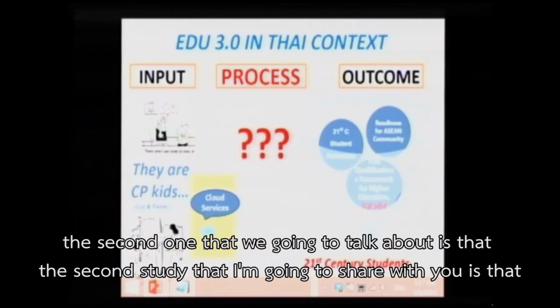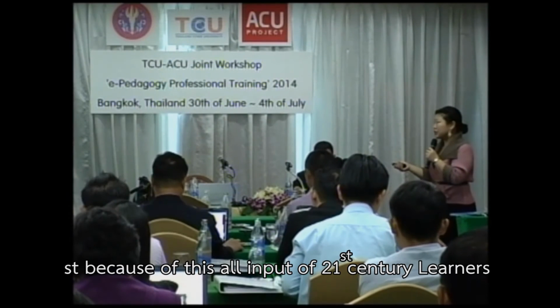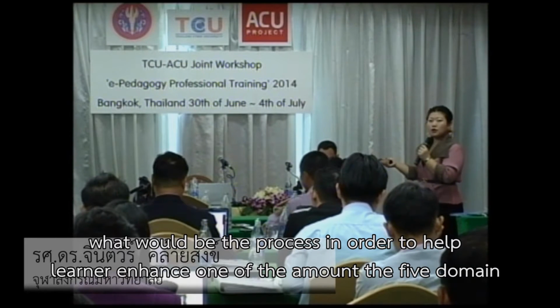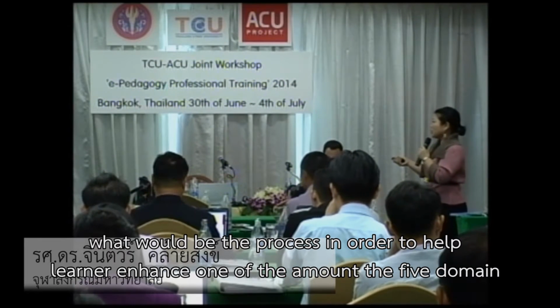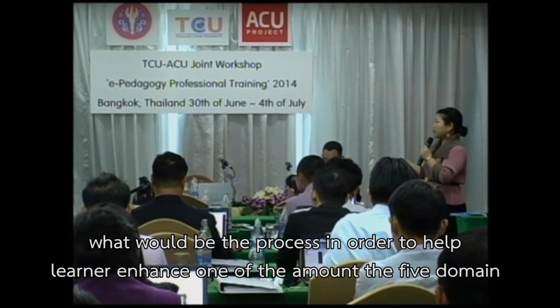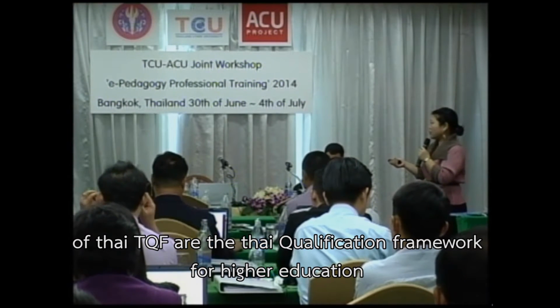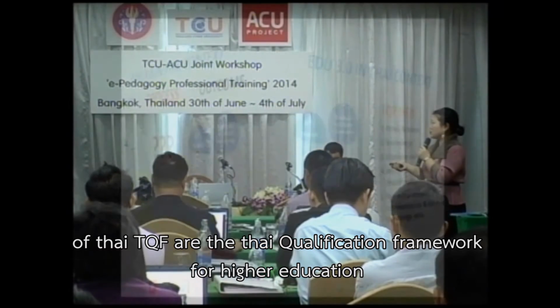The second study that I'm going to share with you is about, because of all these inputs of 21st century learners, what would be the process to help learners enhance one of the 5 domains of the Thai TQF, the Thai Qualification Framework for Higher Education.